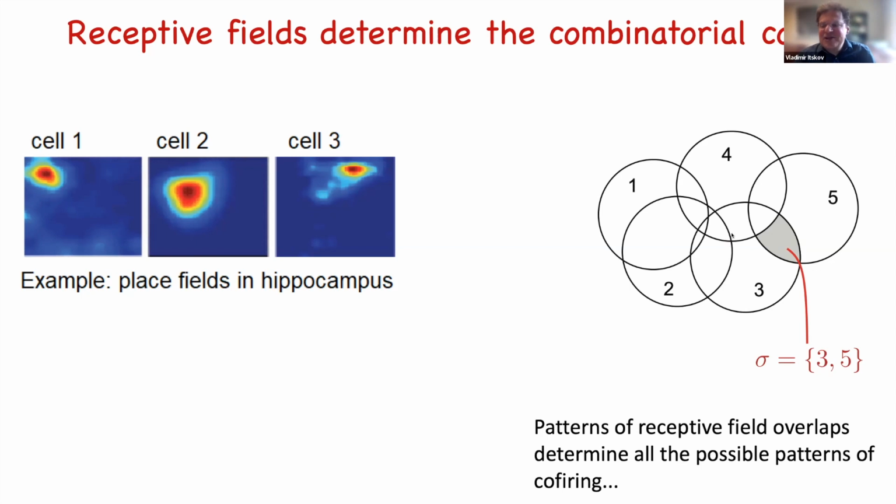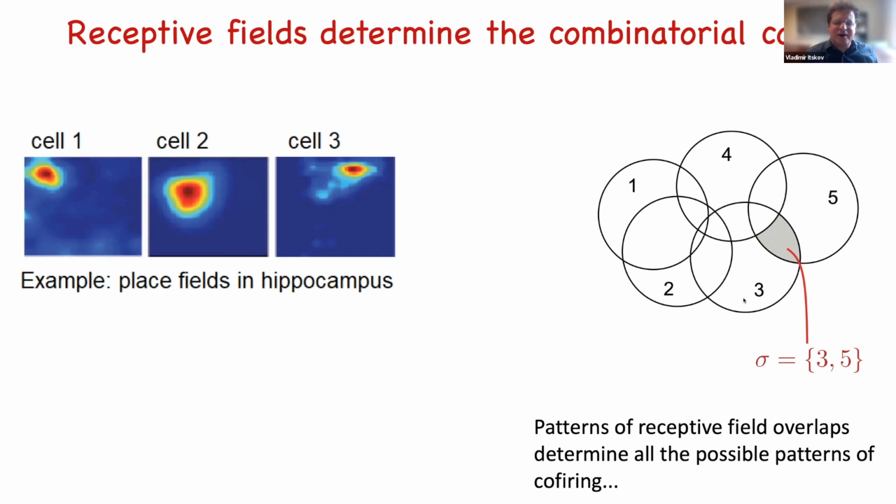And this naturally generates a combinatorial code, right? So it generates exactly those subsets of neurons that are allowed to co-fire, right? So every set of receptive fields automatically generates a combinatorial code.